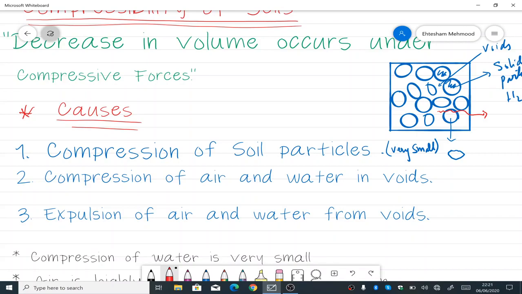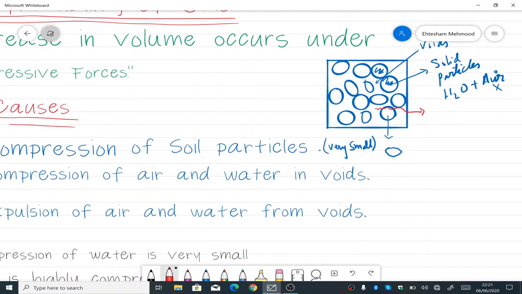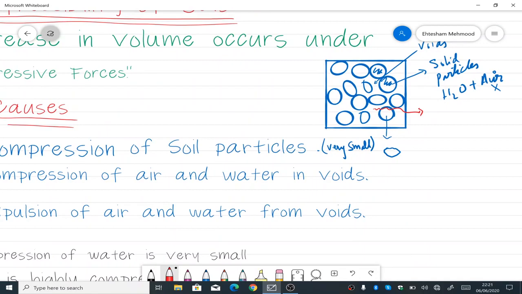But in our Geotech 1 course, we only deal with saturated soils, in which there is no air; we only have solid particles and water inside the voids. And water is highly incompressible.